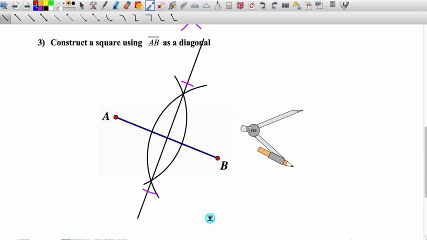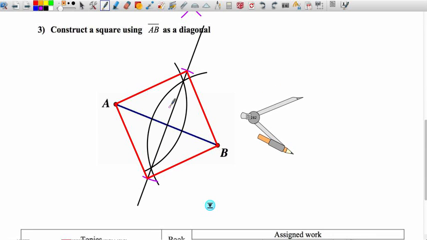We'll just close that out by joining the vertices, and our last side, and that should give us a square that has used AB as a diagonal. Okay, and that is the end of the practice constructions.